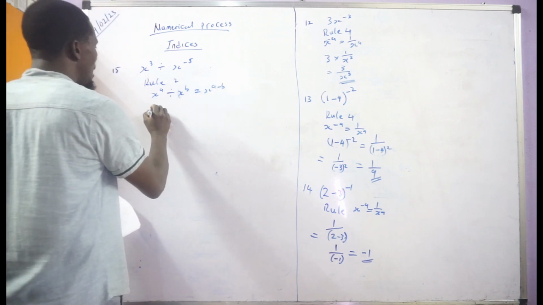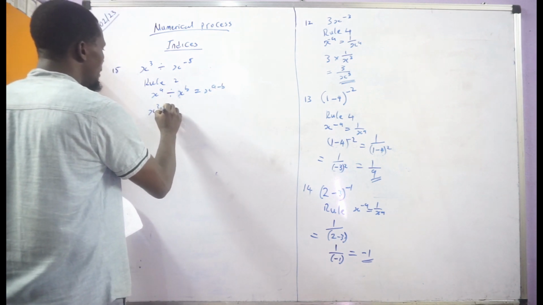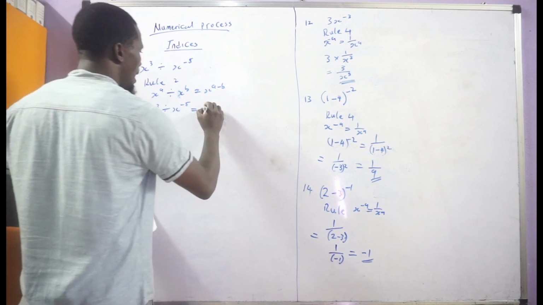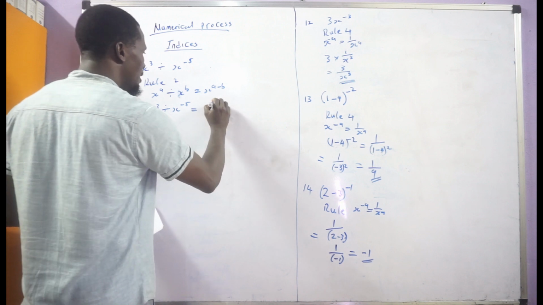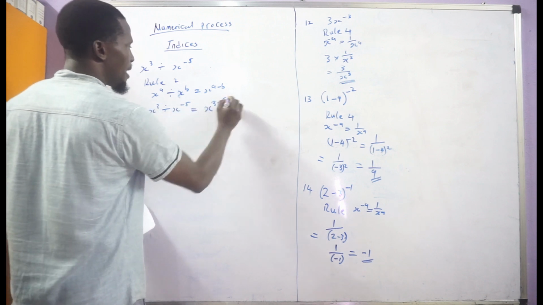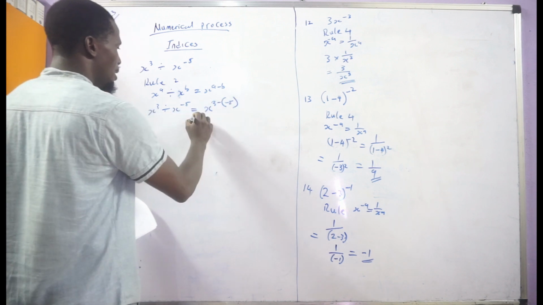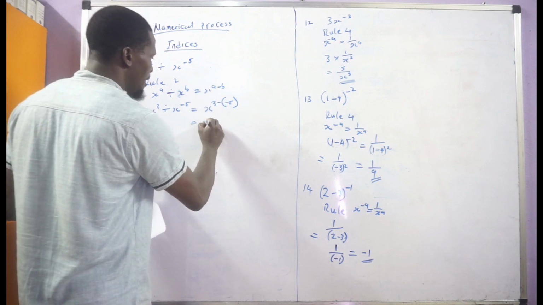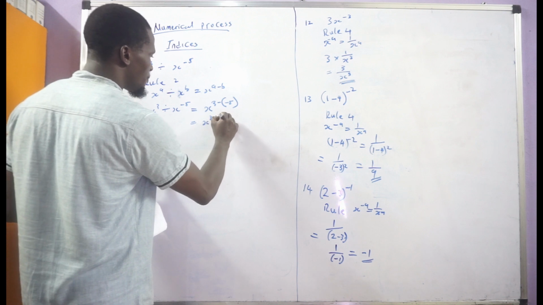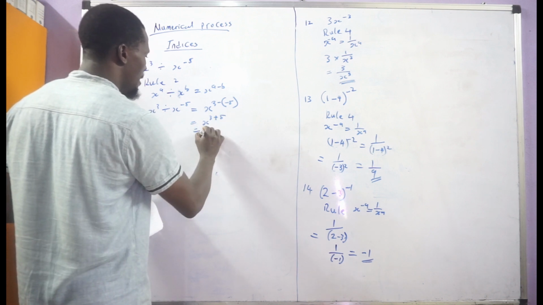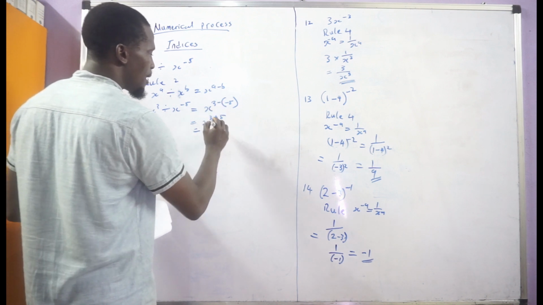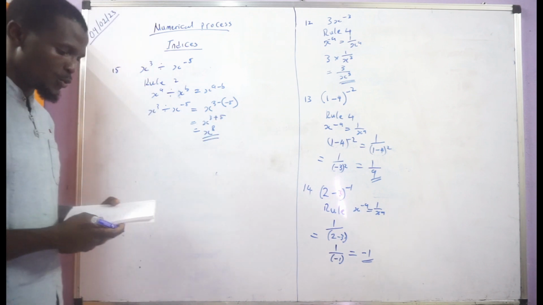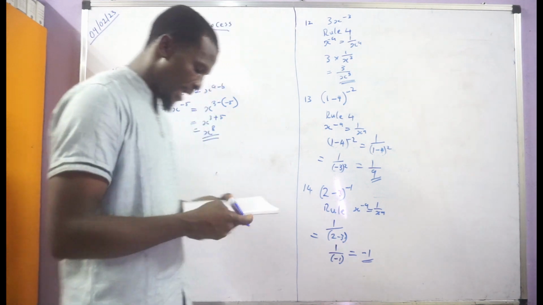In this case we have x raised to power 3 divided by x raised to power minus 5 equals x raised to power 3 minus, this is minus 5. Minus times minus will give us plus, so x raised to power 3 plus 5. At the end of the day, 3 plus 5 gives us 8. So our answer is x raised to power 8.